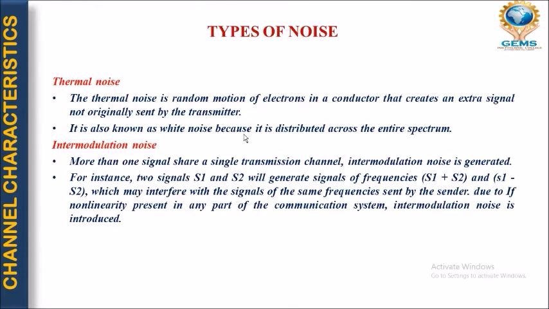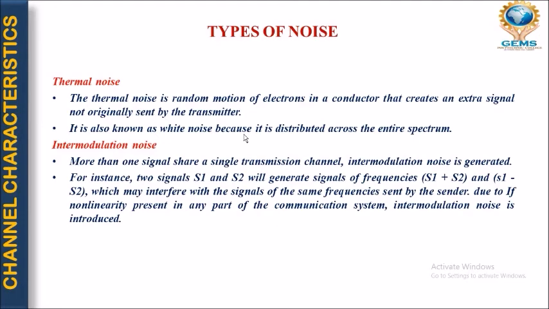Next is your intermodulation noise. What do you mean by intermodulation noise? It will be explained with one good example. Suppose I have two signals, S1 and S2, generating frequencies. It may so happen that the frequencies will be clubbed together and added, meaning S1 plus S2 will be combined, or there will be S1 minus S2.